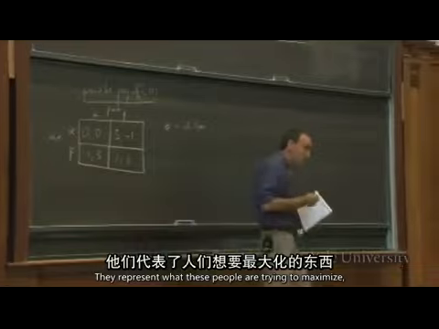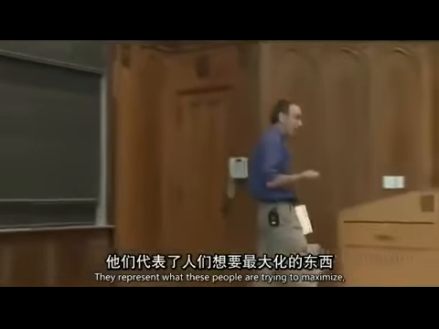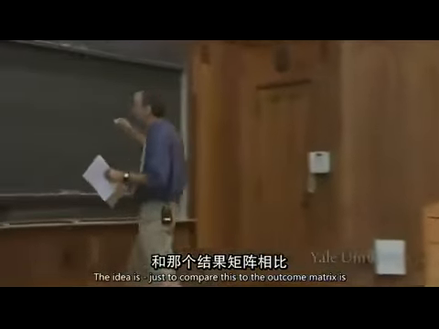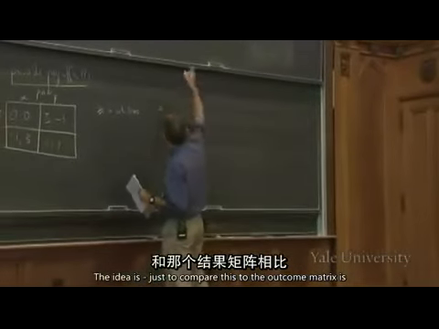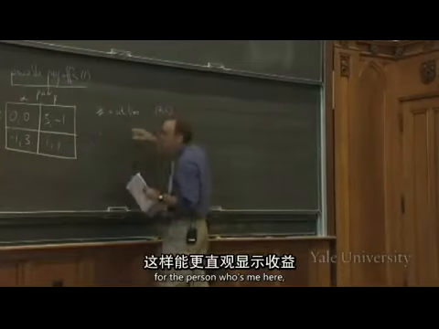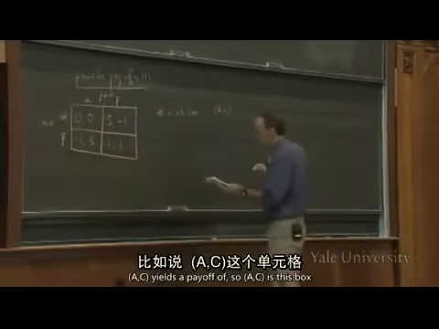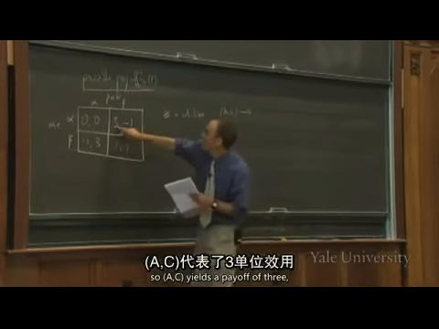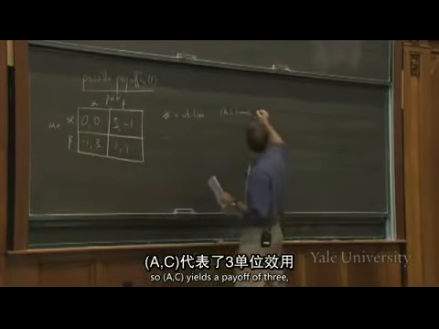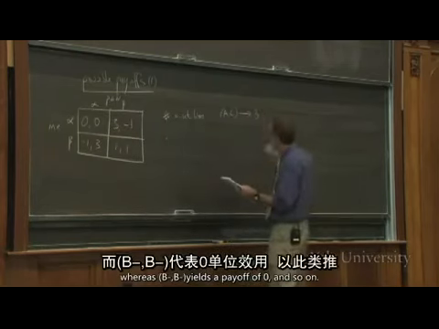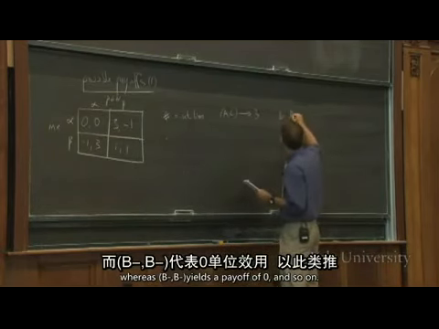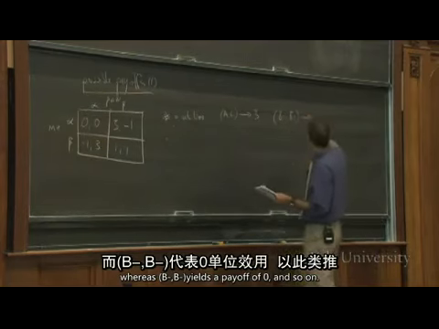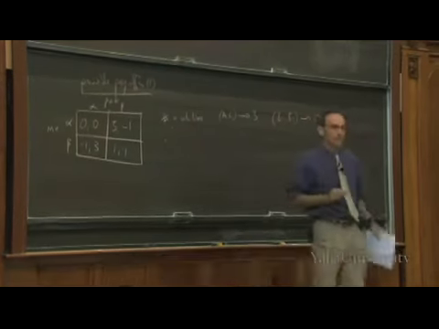They represent what these people are trying to maximize, what they're trying to achieve, their goals. And just to compare this to the outcome matrix, for the person who's me here, AC yields a payoff of 3, whereas B minus yields a payoff of 0, and so on.